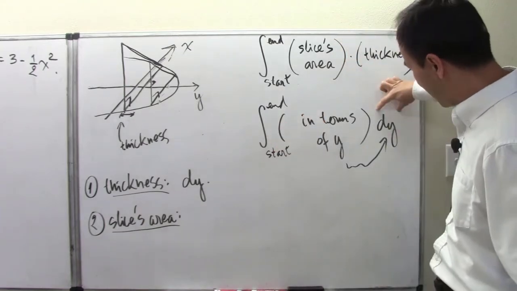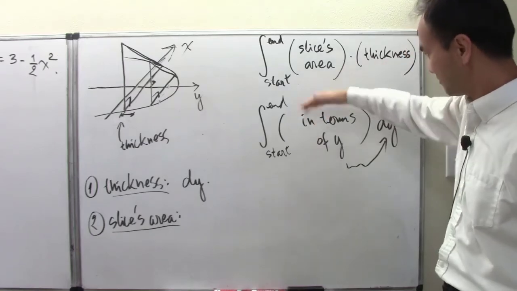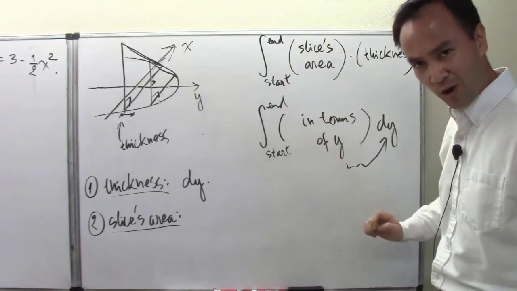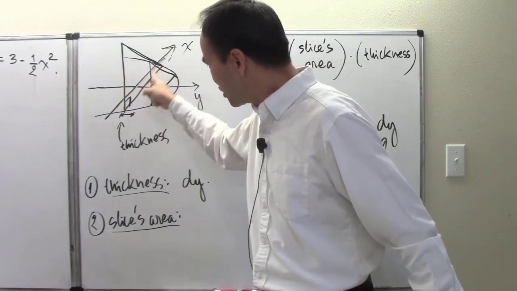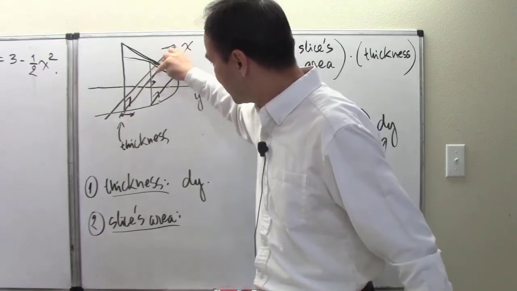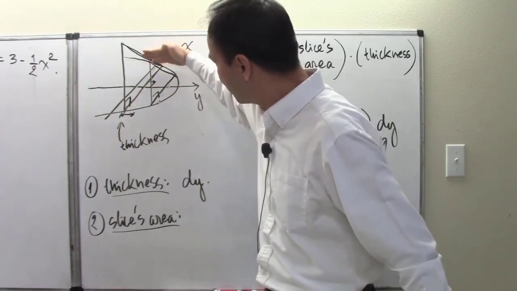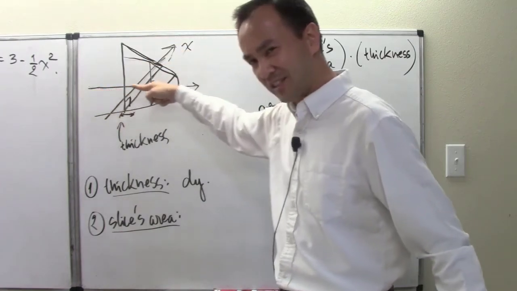So everything is becoming consistent with each other. Once we decide on the differential dy, then the expression has to be in terms of y. Our stripes are limited by the upper part of the curve and the bottom part of the curve, and the major axis is the y-axis.